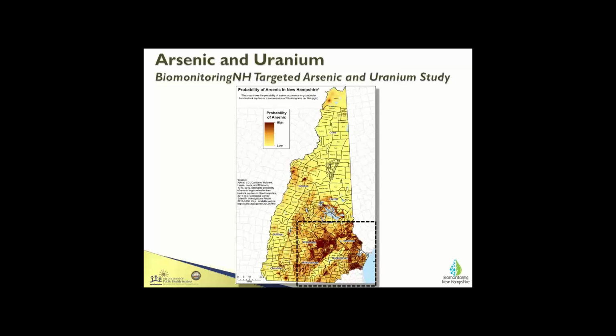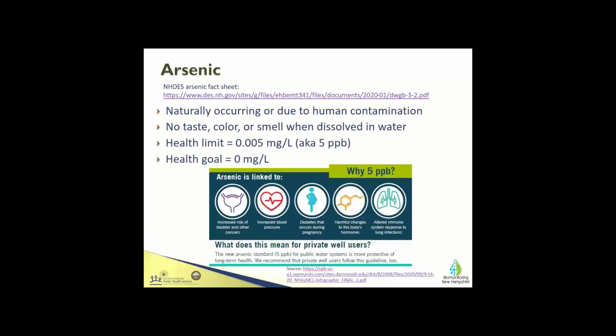We conducted a biomonitoring study evaluating arsenic and uranium in people who had private wells, and this highlighted this boxed area of New Hampshire because they were at increased risk for high levels of arsenic in their groundwater based off of this modeling done by the U.S. Geological Survey. Arsenic was an important metal of interest for the biomonitoring study because it's estimated that 30% of wells in New Hampshire exceed the MCL, the maximum contaminant level for arsenic.